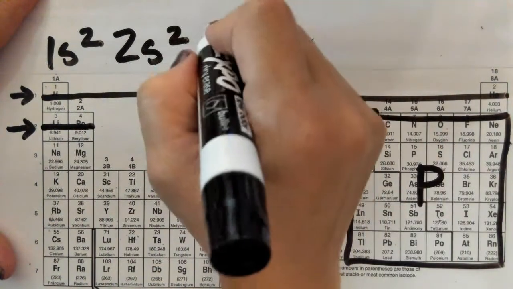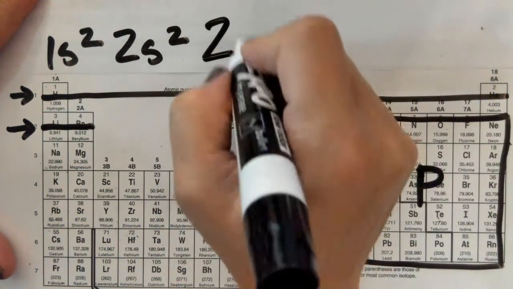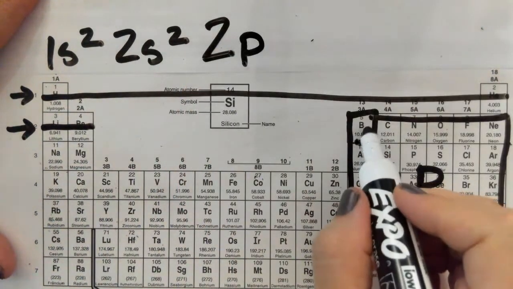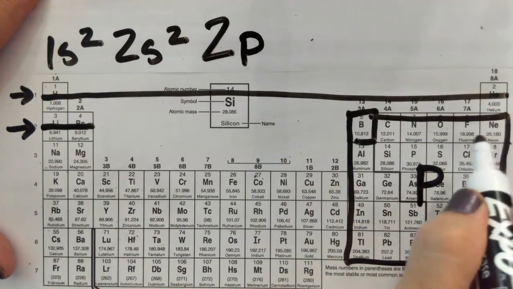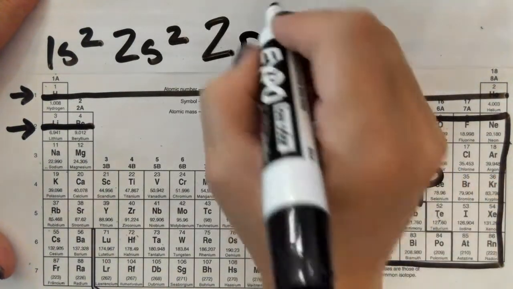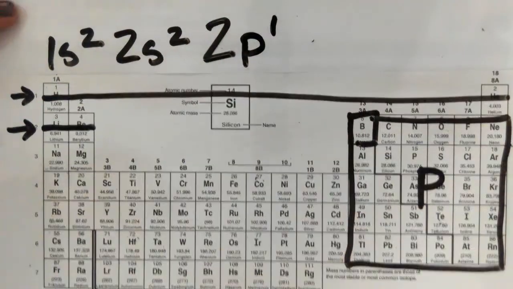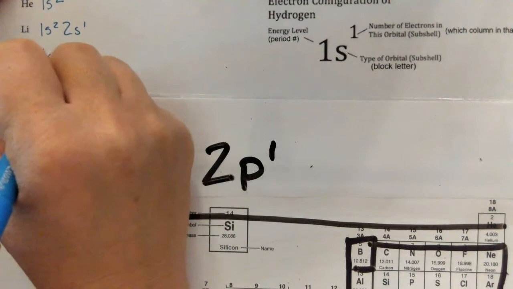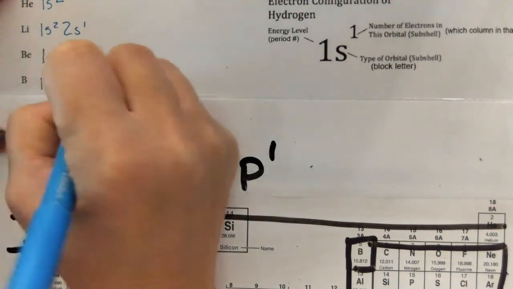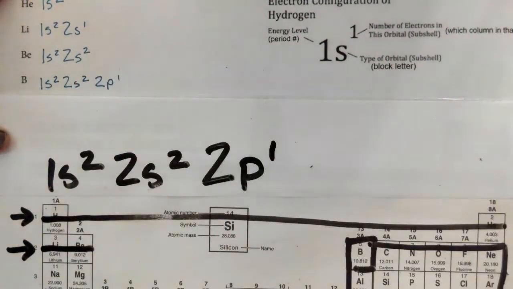So it's going to be row 2, P block, and I'm the first of 6 columns in, so it's going to be 2p1. So boron is 1s2, 2s2, 2p1.